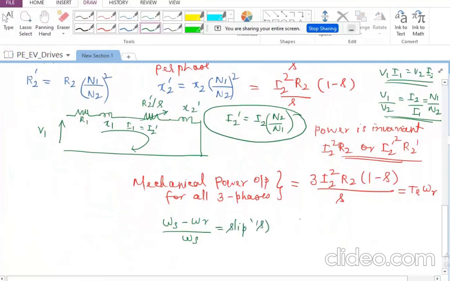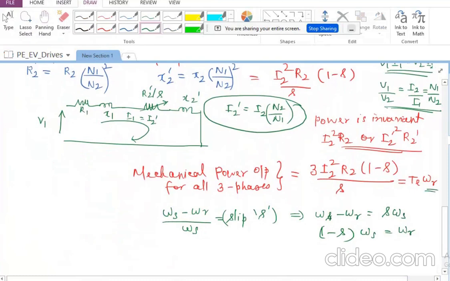So I should be able to write that omega S minus omega R equals S times omega S, or 1 minus S times omega S equals omega R. So let me substitute that in this equation.